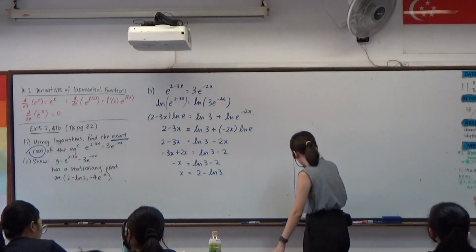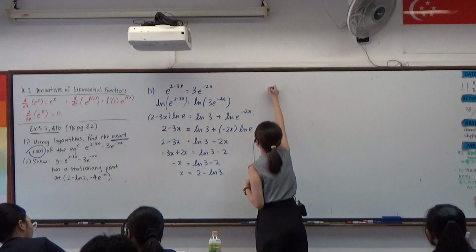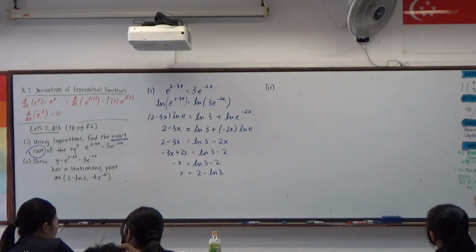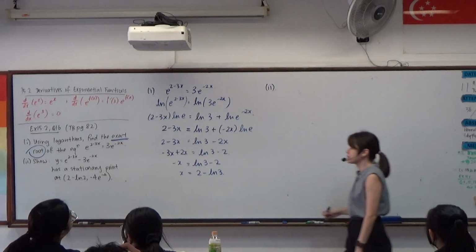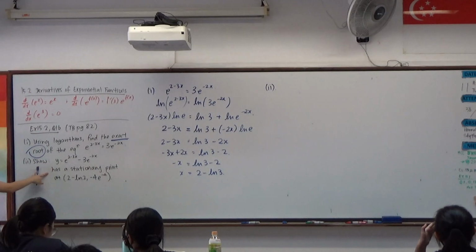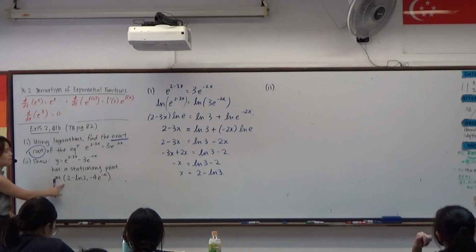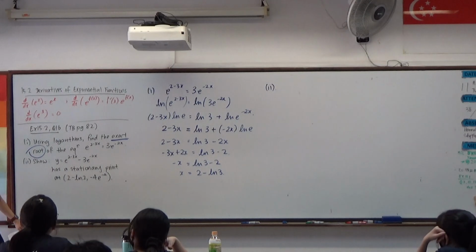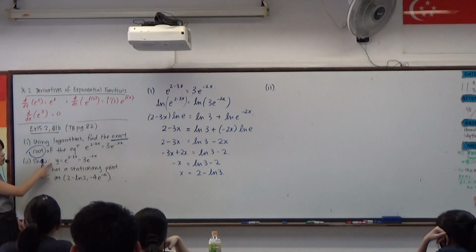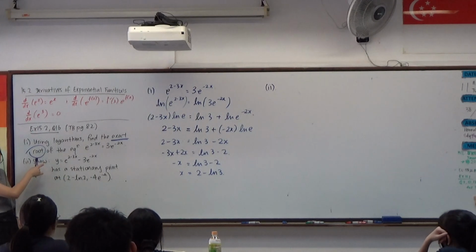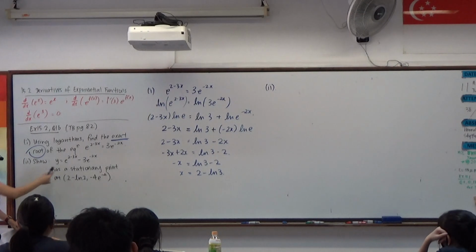Then looking at part 2. There are a few ways that we can do part 2. The question wants us to show that this function has a stationary point at a particular point. So there are 2 ways you can do it. Either you find dy over dx first, take this point, put it inside the dy over dx, and show that dy over dx ends up becoming 0, then it is a stationary point.